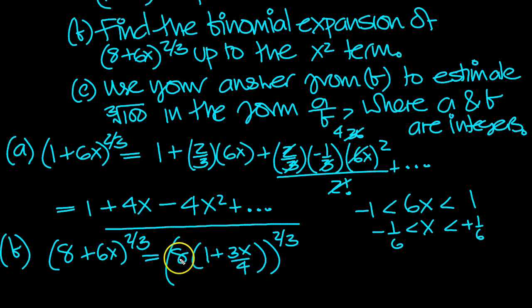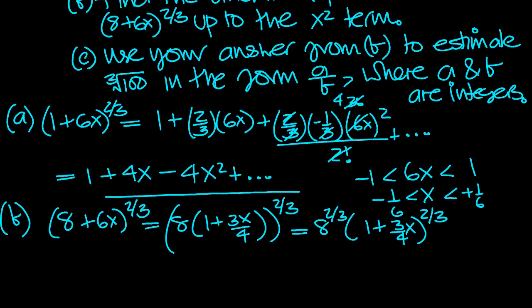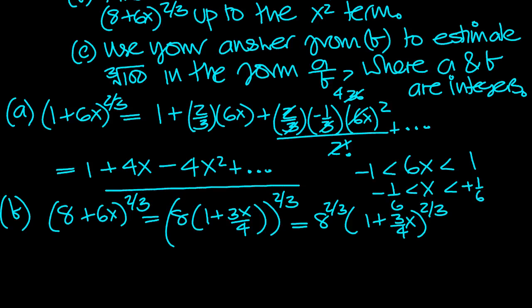So that would be 8 here, and then 8 times 3/4 gives us the 6, doesn't it? That's why we needed 3/4. So this is 8 to the 2/3 times (1 + 3/4 x) to the 2/3. So that's what we've got there.